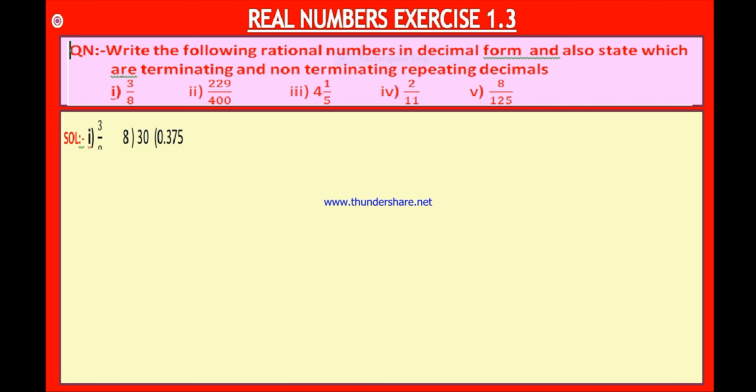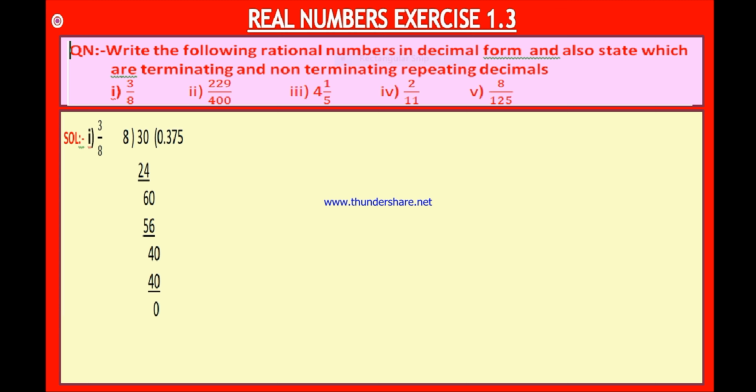3 divided by 8. You cannot divide 3 by 8, therefore keep 0 point and it will be 30 now. In 30, 8 goes 3 times, 3 8s are 24, the remainder is 6. You keep 0 beside 6 so that it is 60. In 60, 8 goes 7 times, 7 8s are 56, now 40. In 40, 8 goes 5 times, 8 5s are 40 and the remainder is 0.